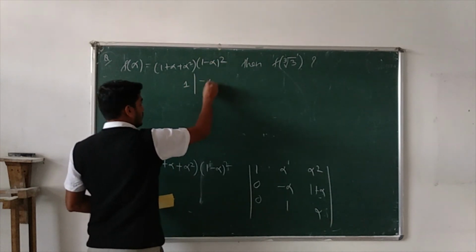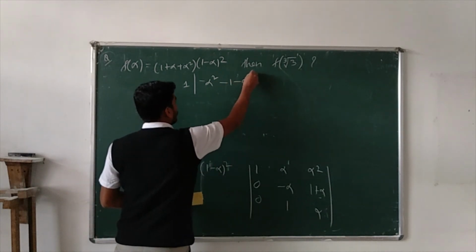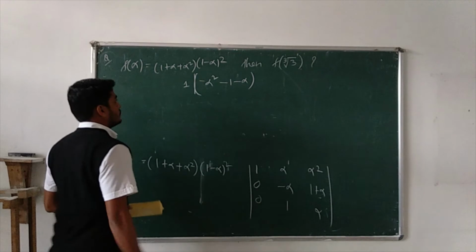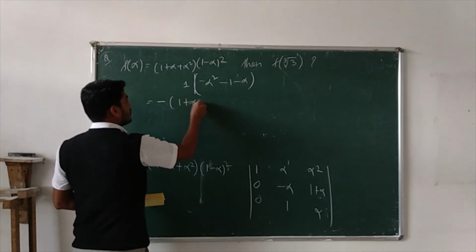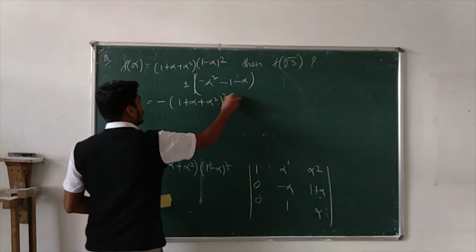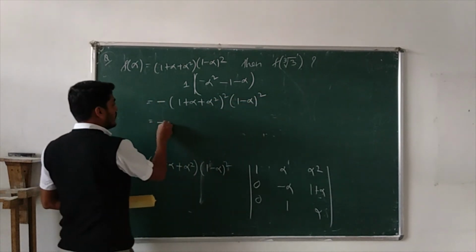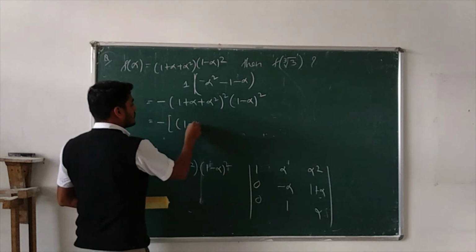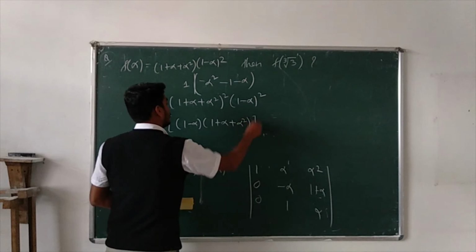It will be minus alpha square minus 1 minus alpha. We have got this one. So that means we have got minus of 1 plus alpha square whole square, 1 minus alpha whole square. That means we have got minus of 1 minus alpha into 1 plus alpha square whole square.